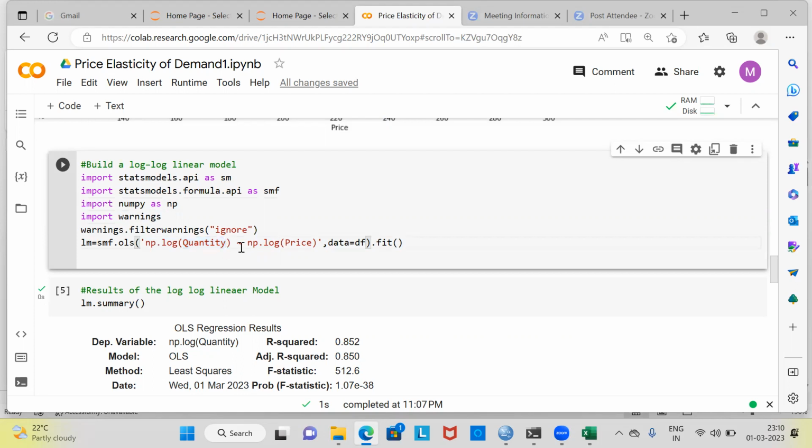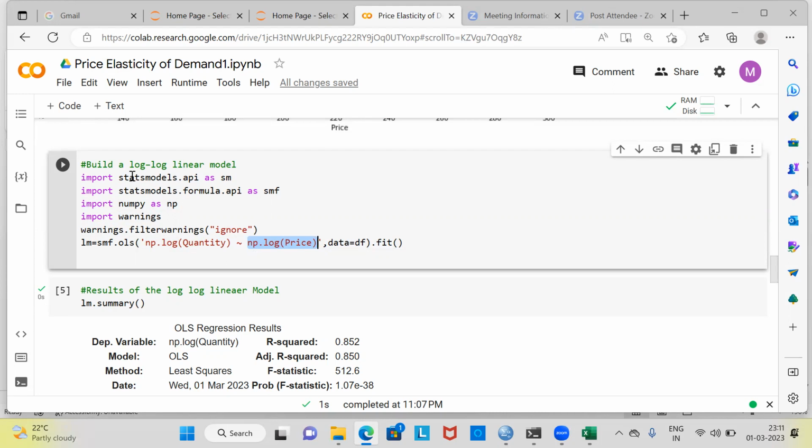Then you have a tilde symbol here, followed by np.log of price. Very interestingly, we are going to apply a log transformation on the independent variable as well. So we are going to apply log transformation not just on the dependent variable, but also on the independent variable, namely price.